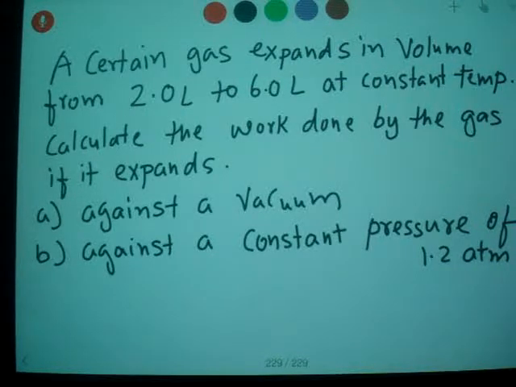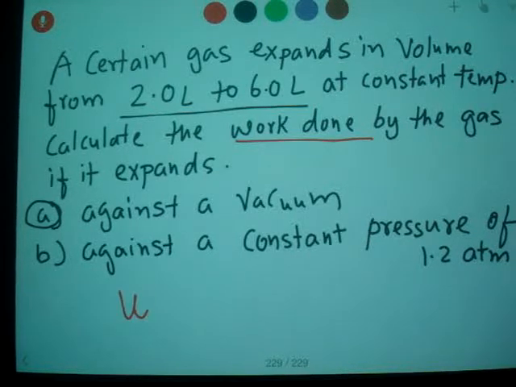Now first, we know the work done on a system. I'm going to sketch a little situation: it's from 2 liter to 6 liter at constant temperature. And what we need to find? We need to calculate work done, right?